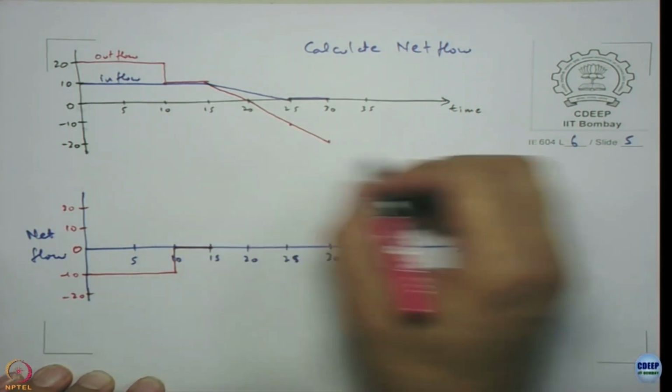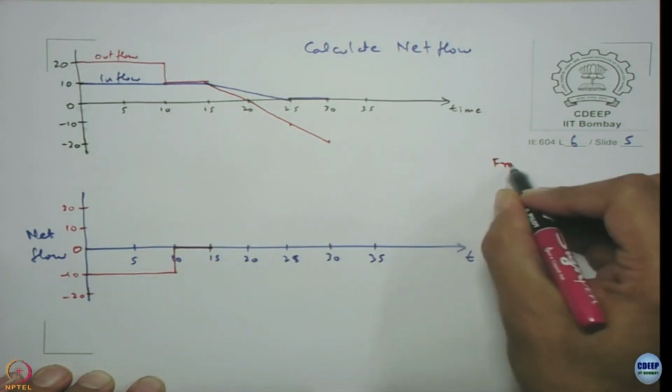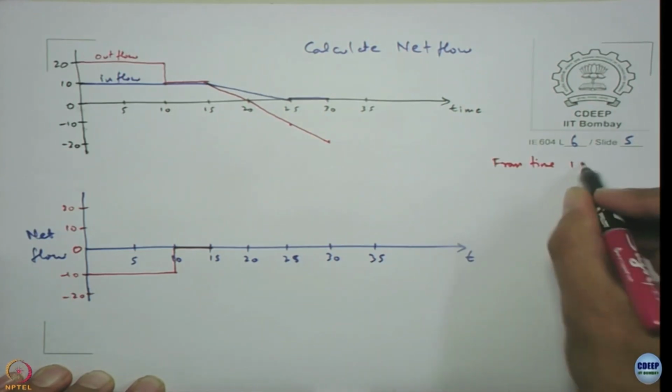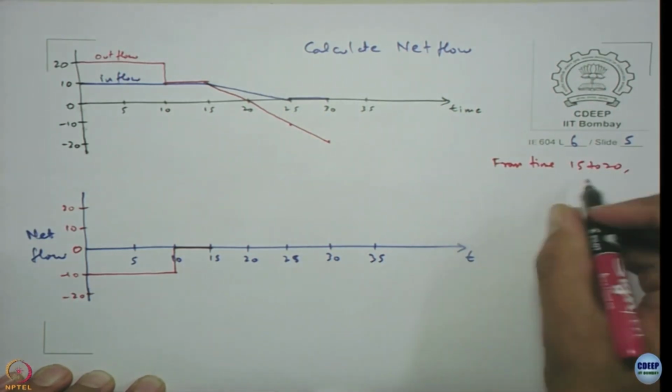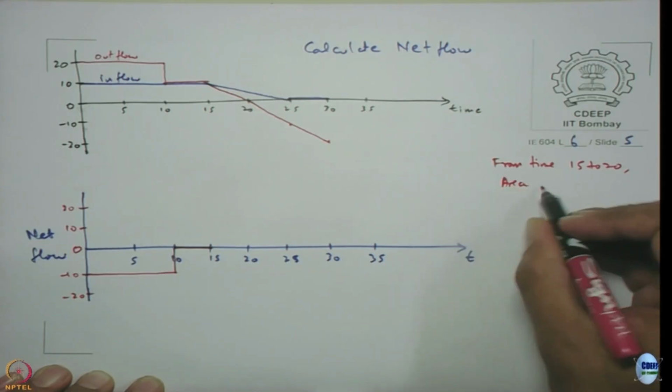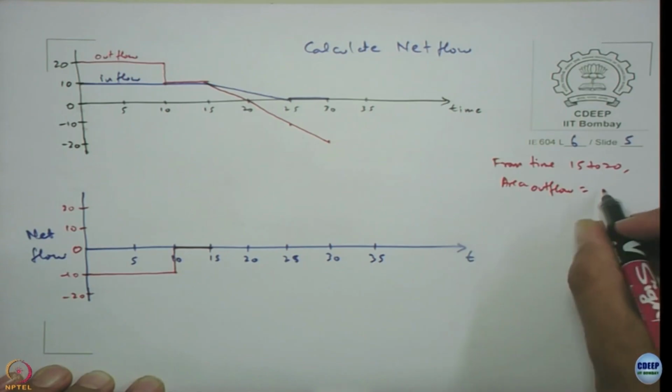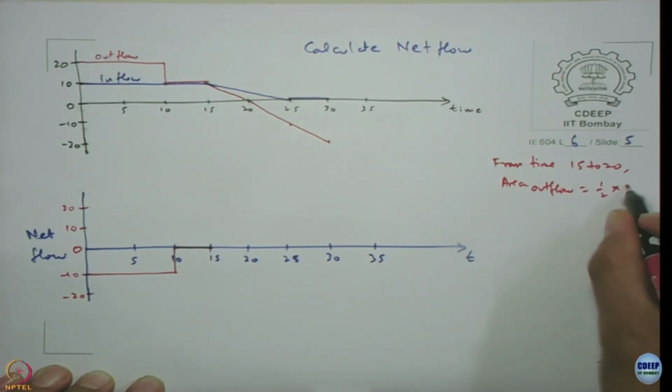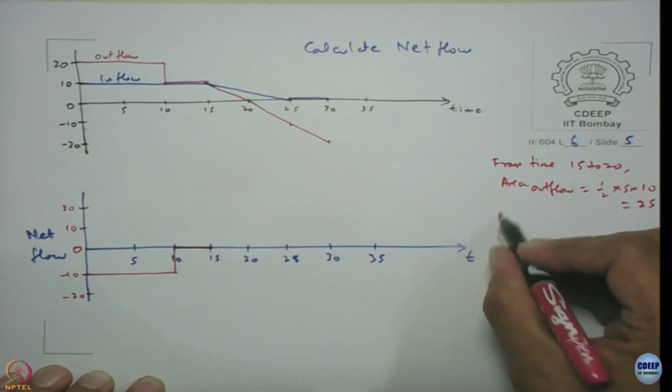So, from time 15 to 20, area under outflow is half into 5 into 10, 25 units.